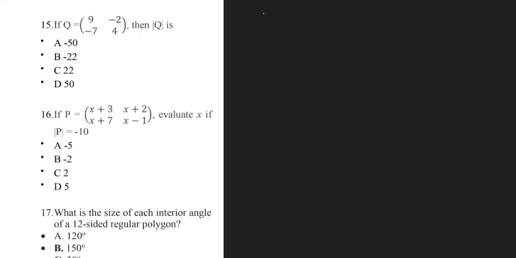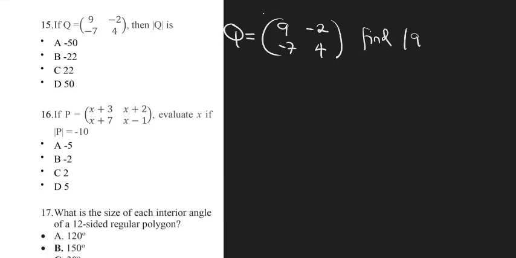Alright, question 15 says if Q is equal to this matrix, right? We have to find the determinant of Q. This is the meaning of determinant. So how can we find the determinant of Q?